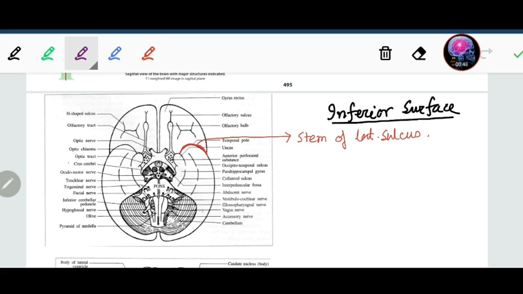It divides the inferior surface into a smaller orbital surface and a larger tentorial surface behind.